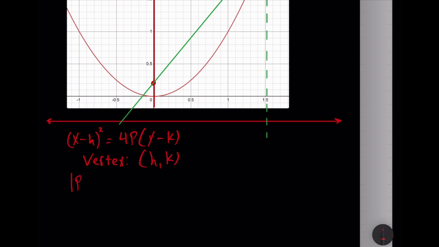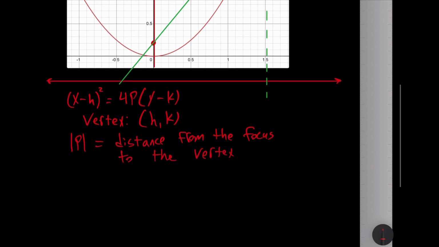Moreover, the absolute value of p, for example, is the distance from the focus to the vertex.